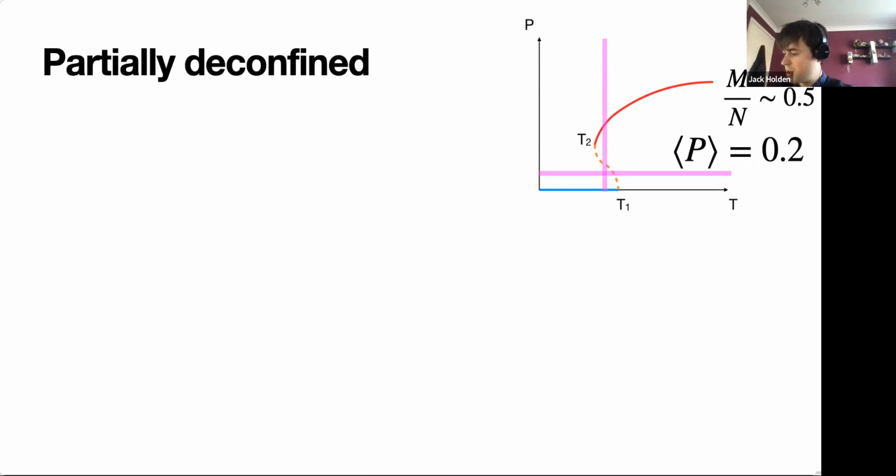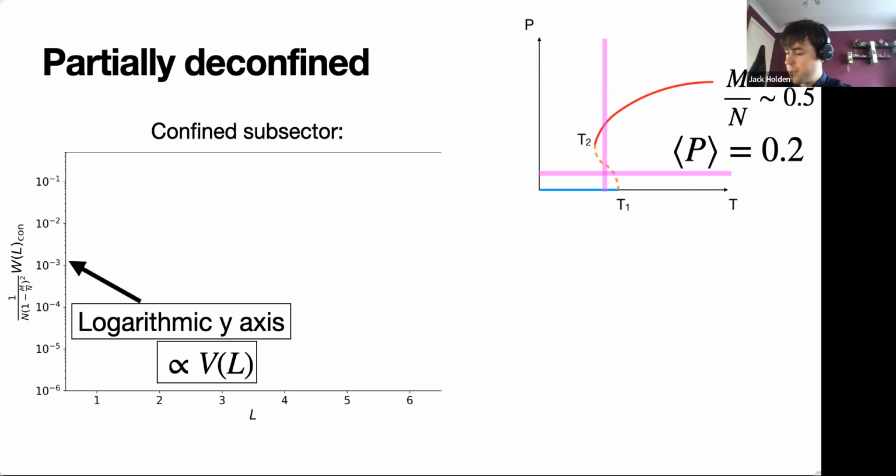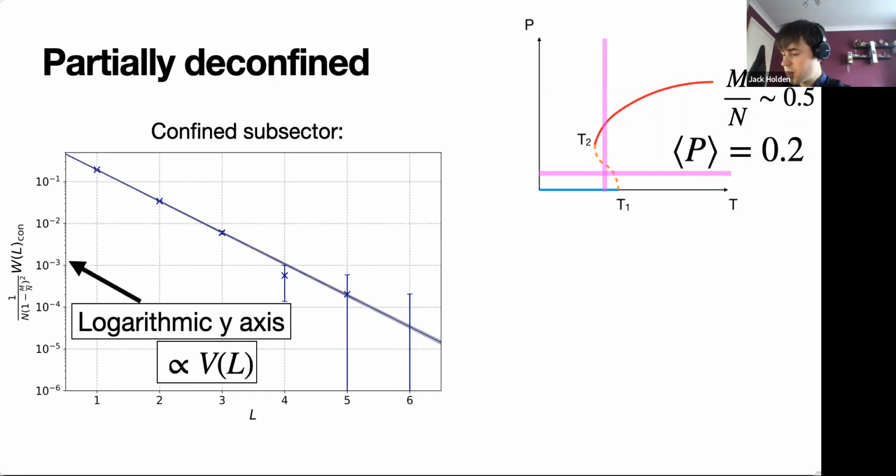So first we're constraining P to be 0.2, which puts us at a point on the saddle, which happens to correspond to about half the colors being deconfined. Again, we'll plot on a logarithmic axis, and so the line we'll see will represent the potential between quarks separated by L. And indeed, we find a linear separation for the quarks in the confined subsector.